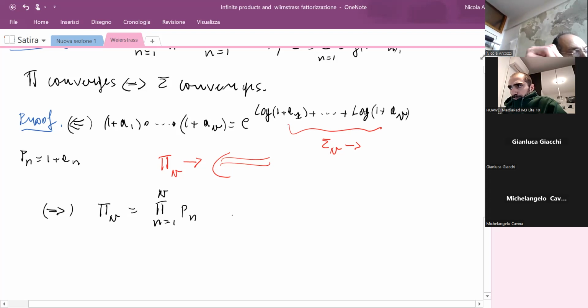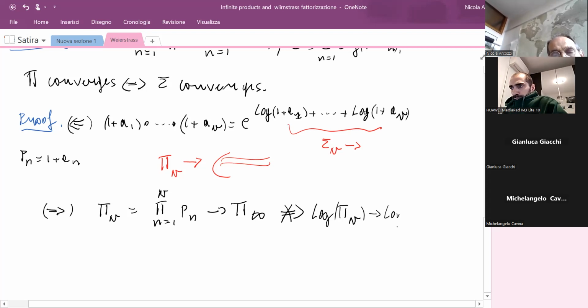Well, if this goes to pi_infinity, it's not true that this implies that the log of pi_n goes to the log of pi_infinity.